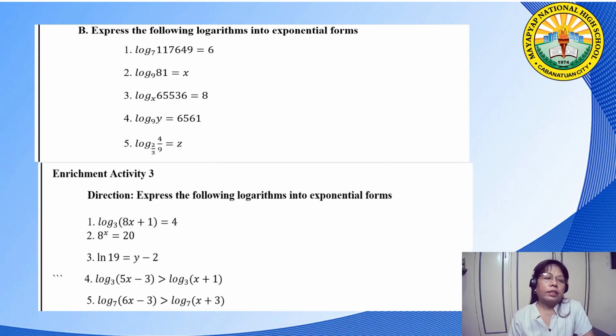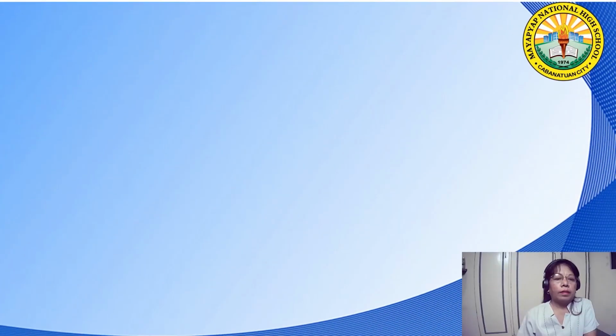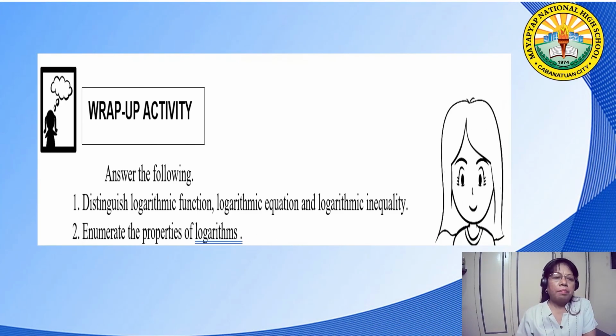And for enrichment activity 3, you express the following logarithms into exponential form. And for the wrap-up activity, you are required to answer the following questions. It gives you additional points or bonus points that will be added to your score in the enrichment activity.